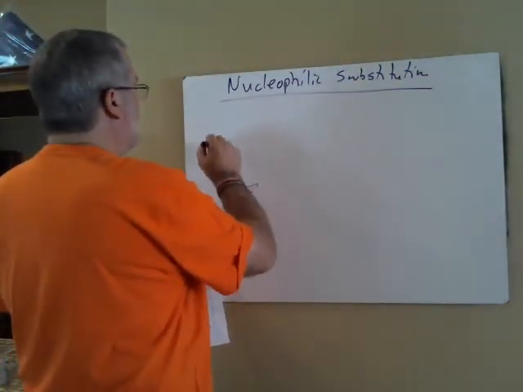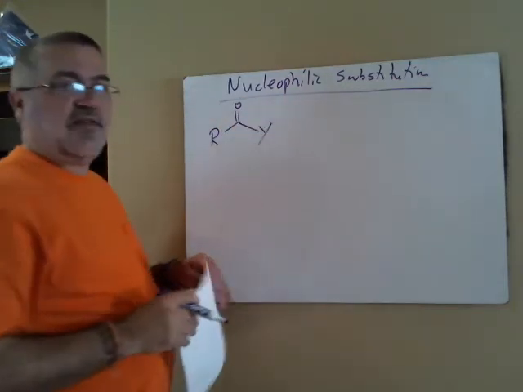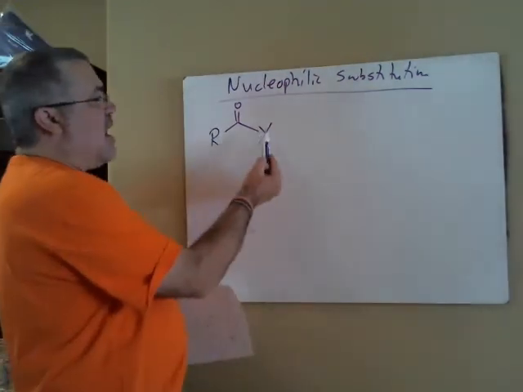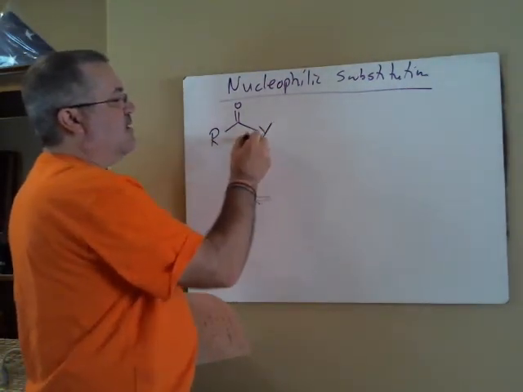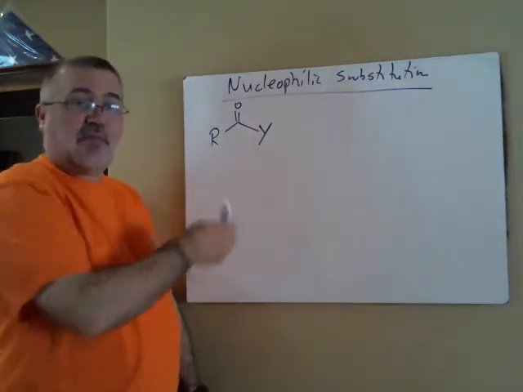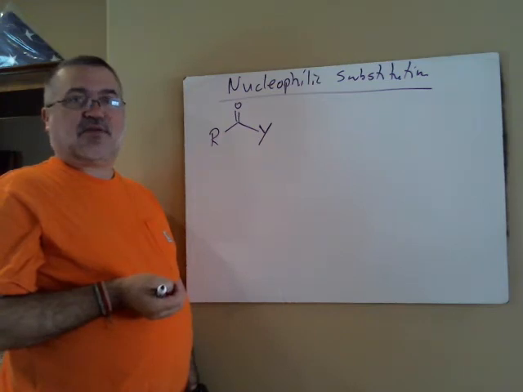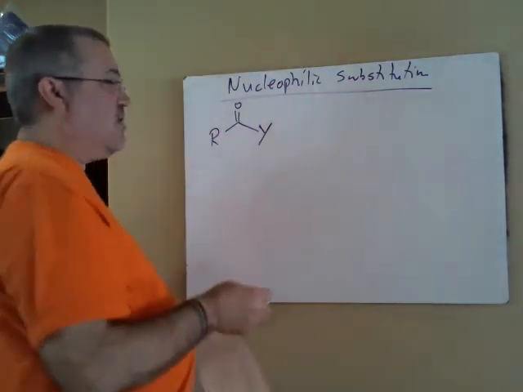Let's start with showing our carbonyl like this because we're emphasizing the fact that there's some Y attached here. And this Y, in order for a substitution to occur, has to be a good leaving group. And therefore, when we're talking about this general type of reaction, it's the reaction that occurs on carboxylic acid derivatives because they have a leaving group attached to the carbonyl.